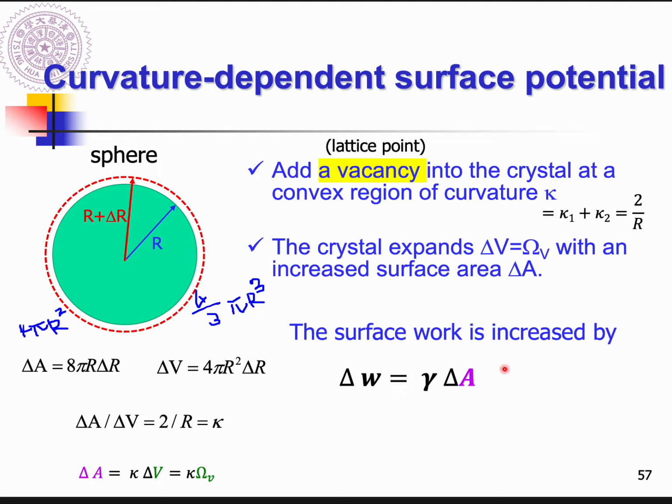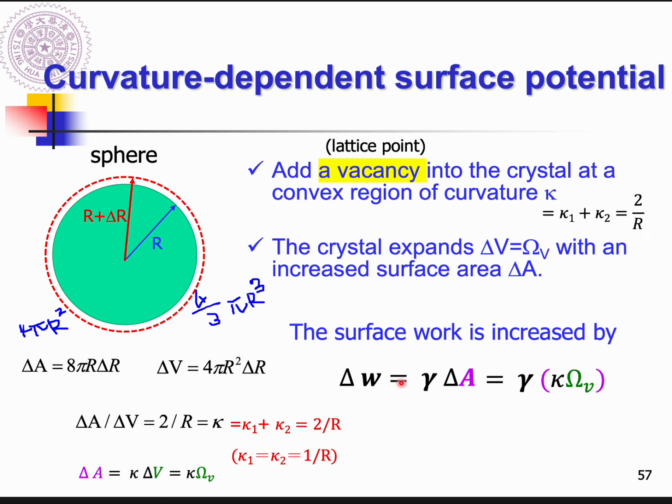So we substitute this to here. So we got gamma kappa omega V, right? So this is the extra work we need to perform. And based on this, in this case, kappa is equal to 2 over r, right?